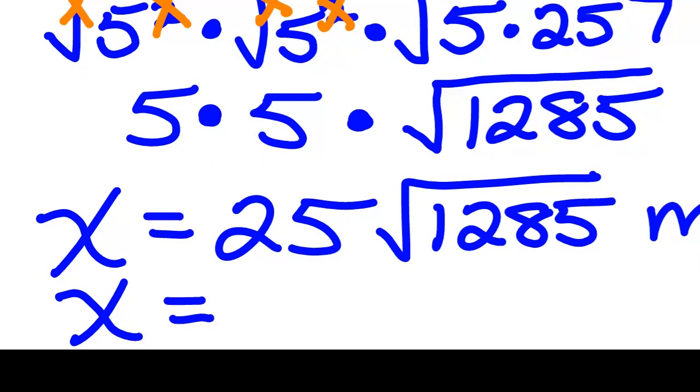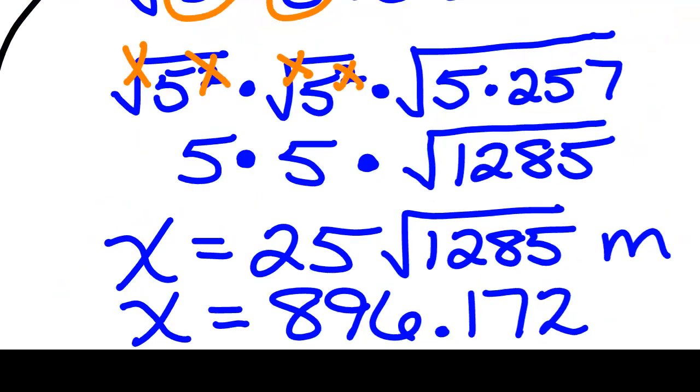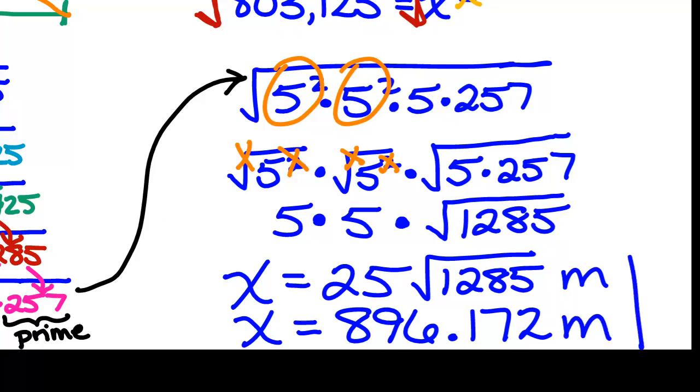What is the square root of 803,125 in decimal form? 896.172. And that would also be meters. So one of those two would be the way the directions ask for your answer back, but those are considered equivalent answers. Those mean the exact same thing.